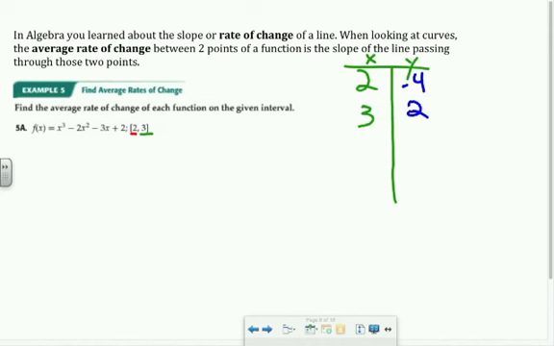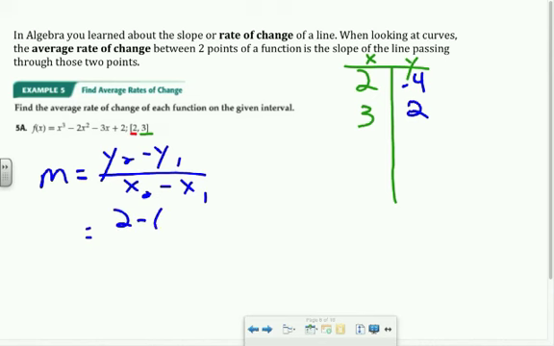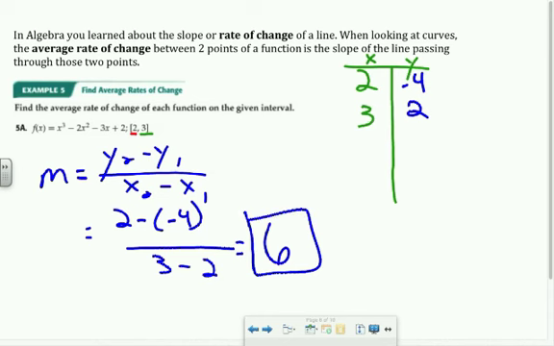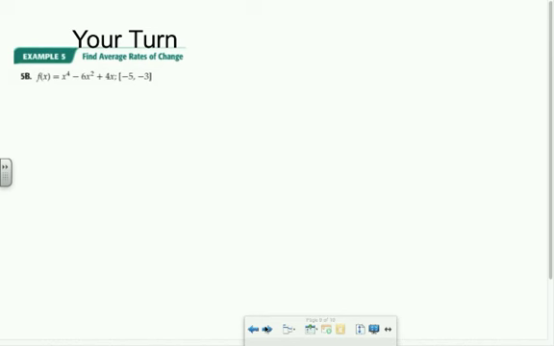You remember slope formula, I hope. m equals y2 minus y1 over x2 minus x1. So 2 minus negative 4 over 3 minus 2. My average rate of change, therefore, is 6. And that's it. Take a moment and work through the your turn below.